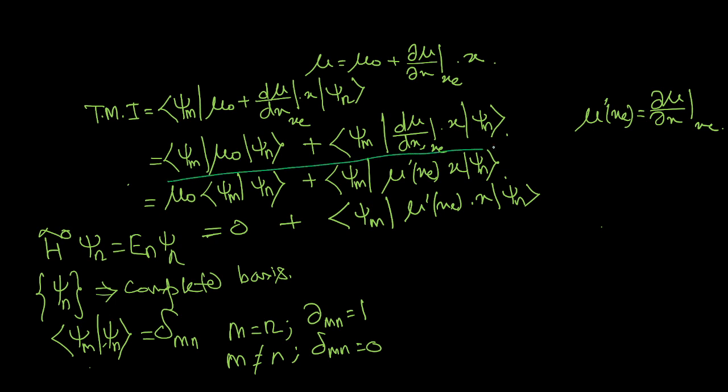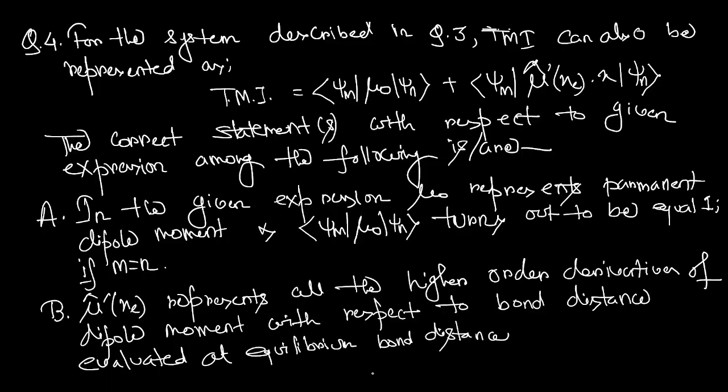This is the permanent dipole moment, and this only survives when m equals n, and this expression will be mu 0 times delta mn. When m equals n, the delta mn value will be 1, and in that case it will survive. Okay, so option number 1 you can say is correct.